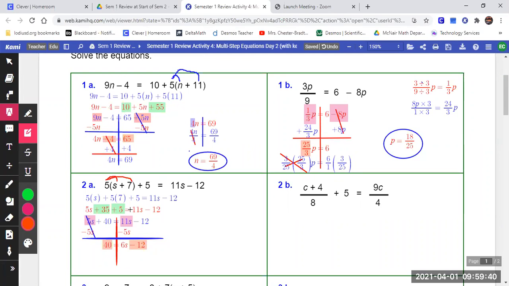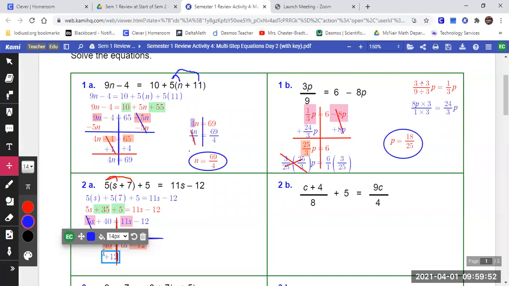The negative 12. How am I going to move the negative 12? How am I going to turn the negative 12 into a 0? Add 12 to both sides of the equal sign, exactly. Add 12 to the left. Add 12 to the right. Anything you do on one side, you have to do on the other. You've got to keep it in balance.